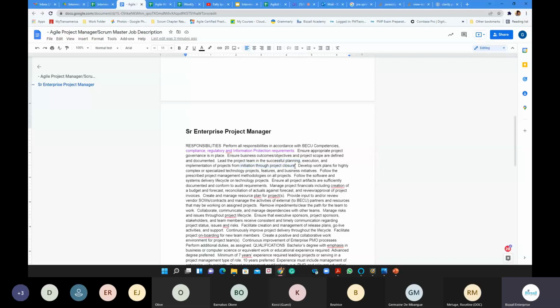Who can remind me of the 5 process groups when it comes to project management? What are the 5 process groups? We have the initiation, yes. The planning, yes.